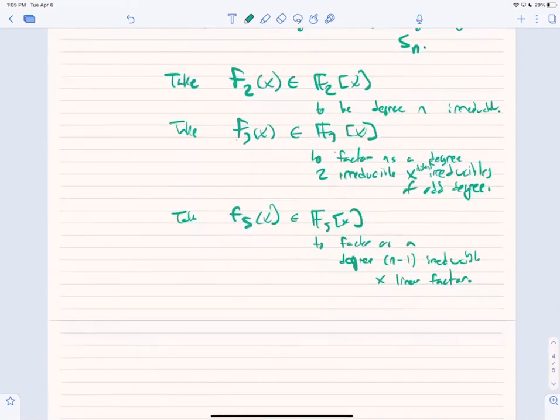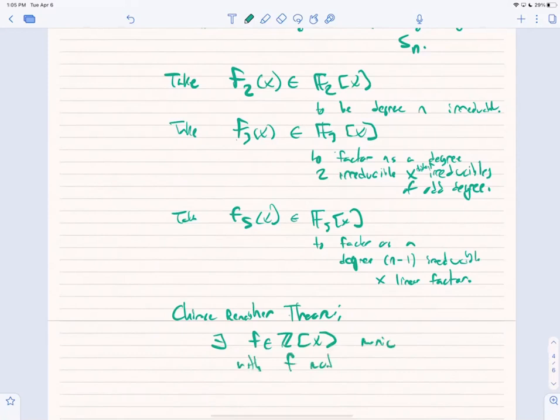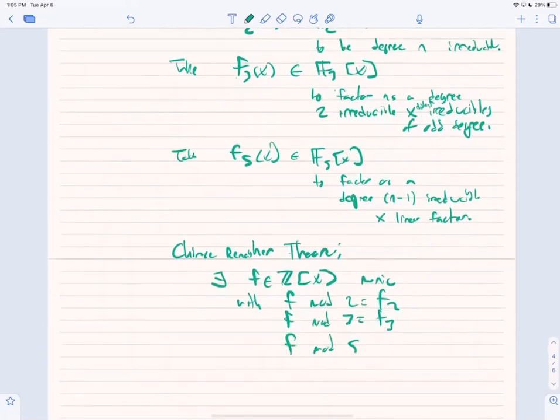But the Chinese remainder theorem says there exists an f, monic in Z[x], with f mod 2 equal to f_2, f mod 3 equal to f_3, and f mod 5 equal to f_5. When I say f mod 2, I mean just reduce the coefficients mod 2.